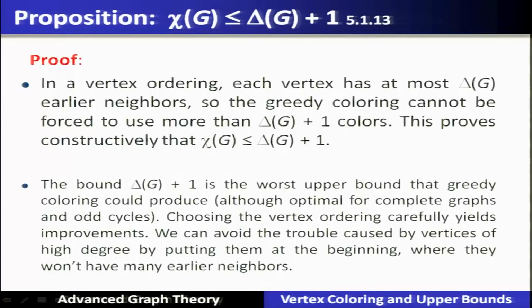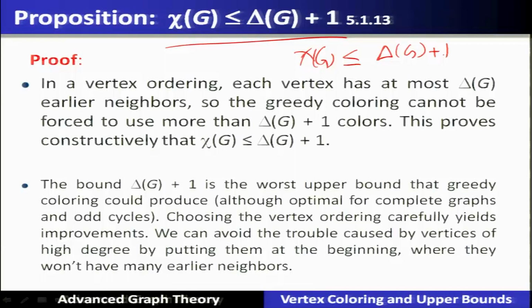Now, let us see the proposition which will estimate the performance in terms of the bound of this greedy coloring algorithm. This greedy coloring algorithm will give the bound which says that the chromatic number of a particular graph is less than or equal to the maximum degree of a graph plus 1. Let us see the proof.